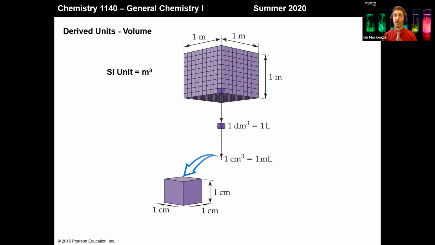And 1 centimeter cubed, 1 centimeter by 1 centimeter by 1 centimeter in height, is the milliliter. And that is the more common. Milliliters, or sometimes liters, are by far the more common units. They are not the SI units, but they are the more common units for volume. So those are units you should be aware of.